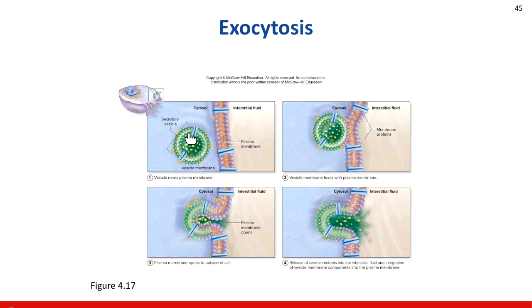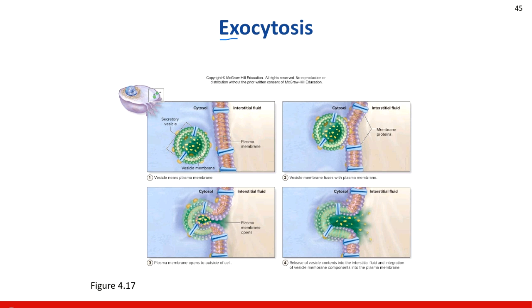So you've got the secretory vesicle filled up with some proteins that it wants to send out of the cell, and it sends it up to the plasma membrane. It merges with the plasma membrane, and as it's merging and opening up, it will eventually expel its contents to the outside of the cell into the interstitial fluid. That process is known as exocytosis. It's exiting the cell. EX, exit. That's exocytosis.